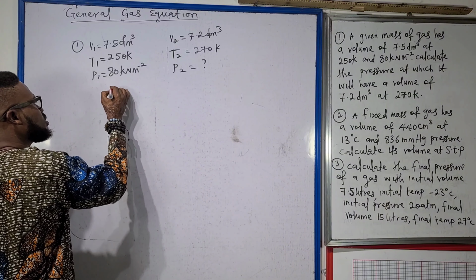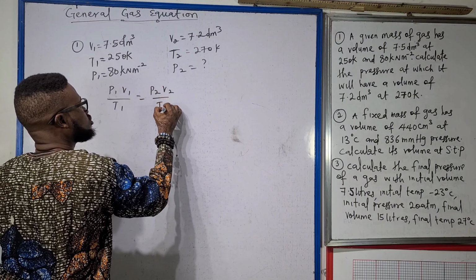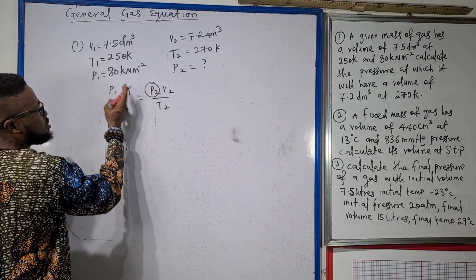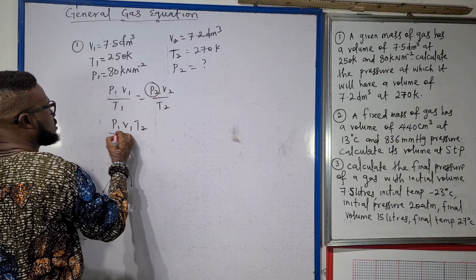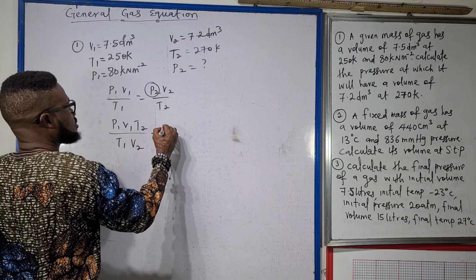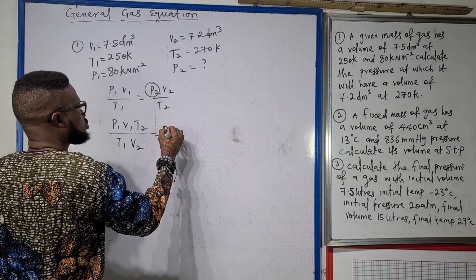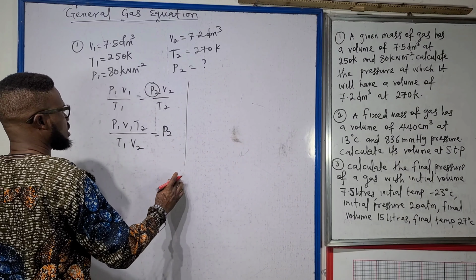So when you look at it, P1 V1 over T1 equals P2 V2 over T2. Since we're looking for P2, this will move here. So you have P1 V1 T2 divided by T1, and then V2 will come here, and that's why we have P2 equals this.